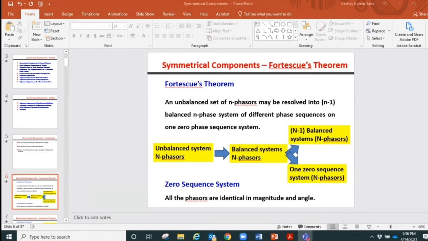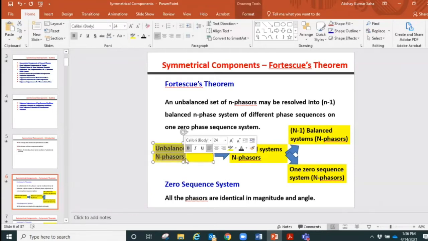Now I'm coming back to the slide we have from Fortescue's theorem. We have an unbalanced system, and according to Fortescue's theorem, it has n number of phasors.